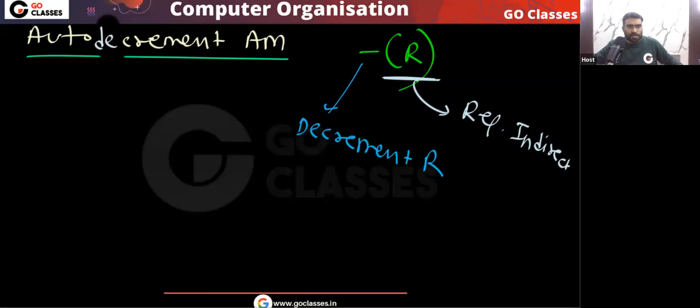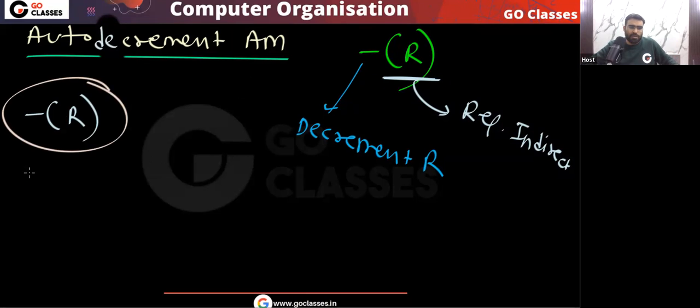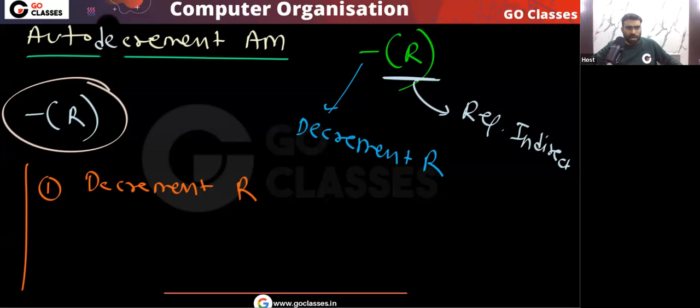So tell me what this will mean. Auto decrement addressing mode. When you write like this, two things will happen. The first thing is you will decrement R, by how much?